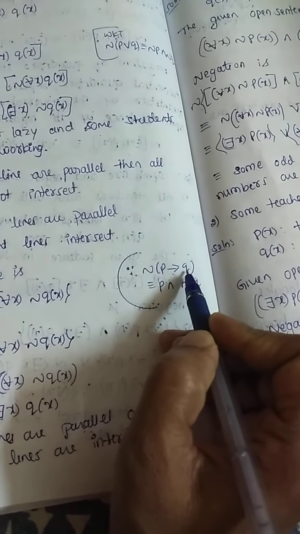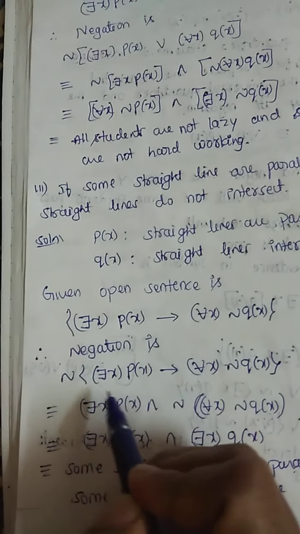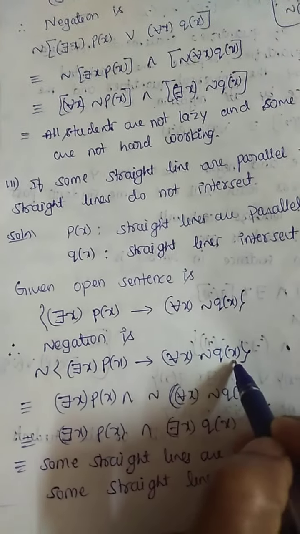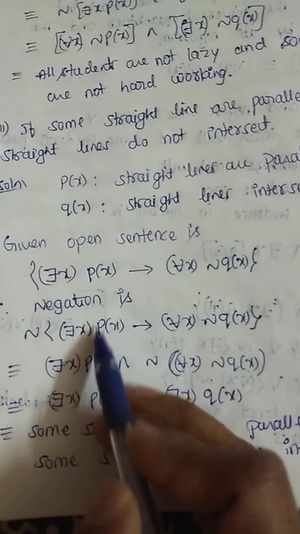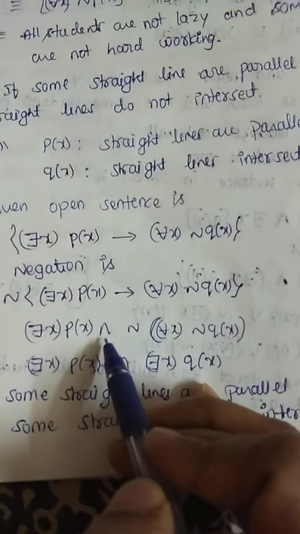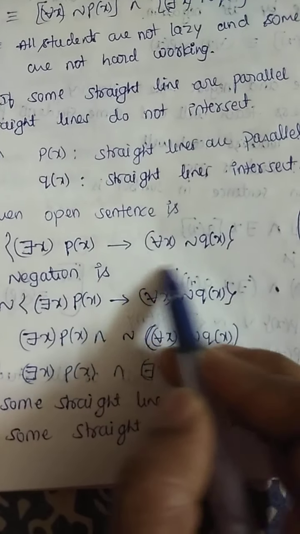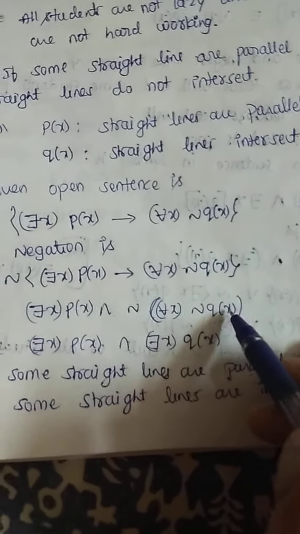What is the negation of this? Negation of p implies q is p and negation q. Here this is p, this is q. So it is there exists x p of x, and negation of "for every x negation q of x".